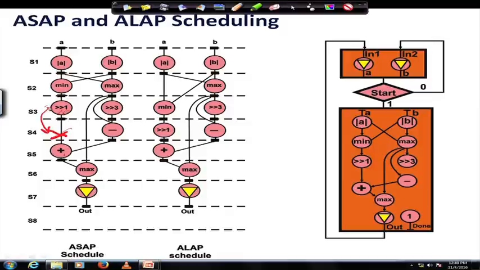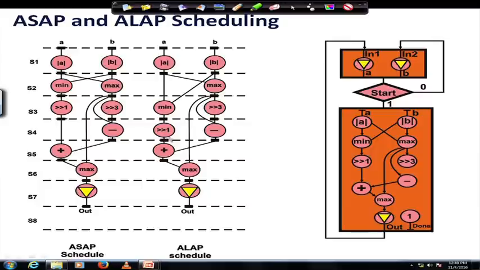On the other hand, here you see min. Let us look at this part. In the as late as possible schedule, I need the max here, and so the plus will be done just before that, as late as possible.